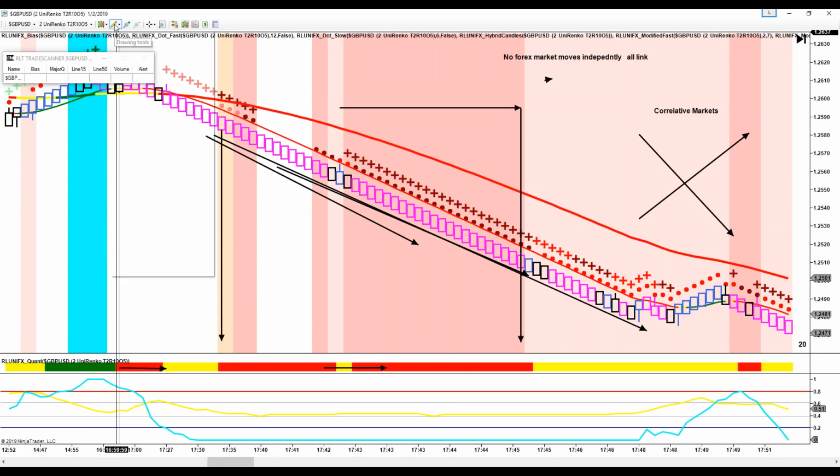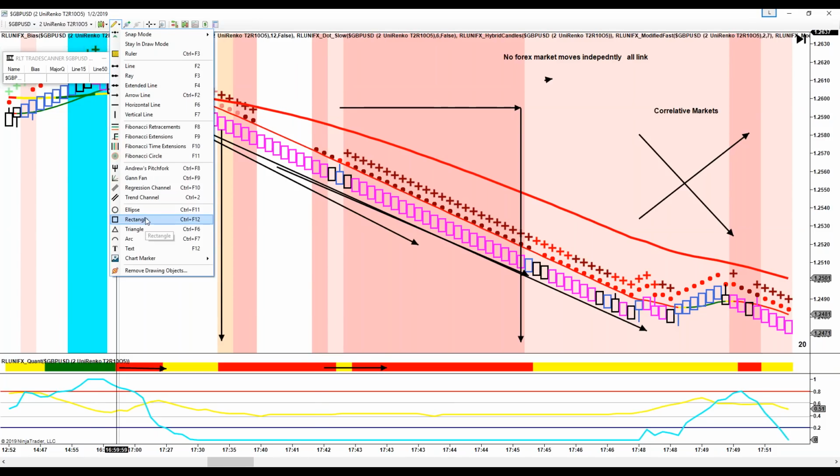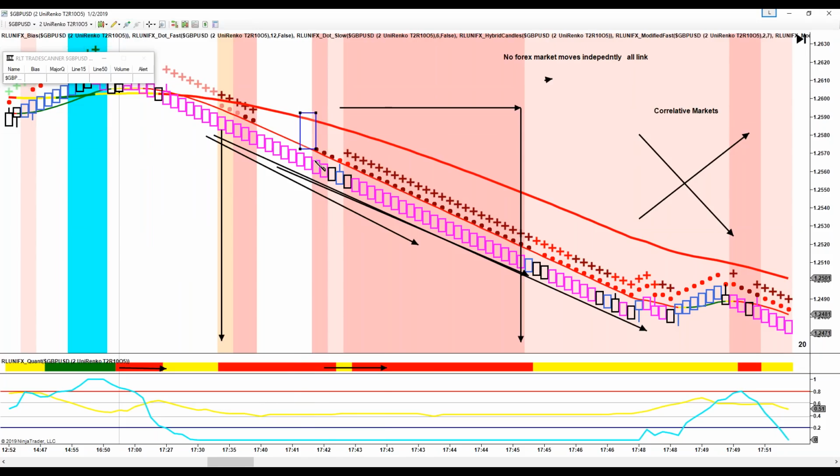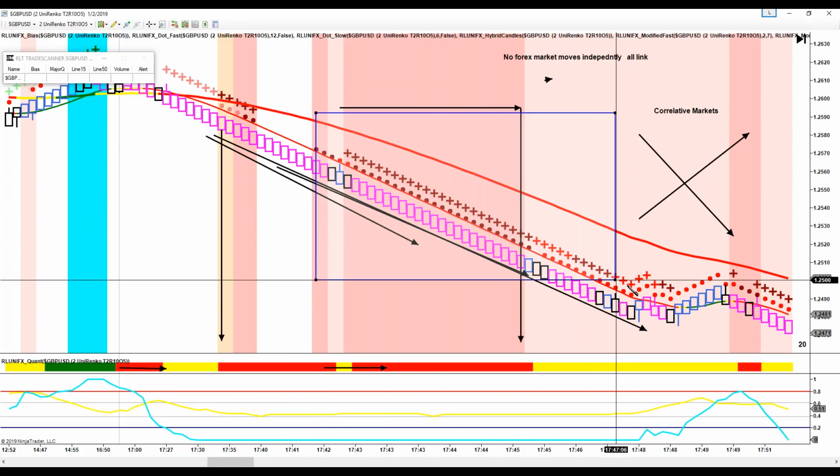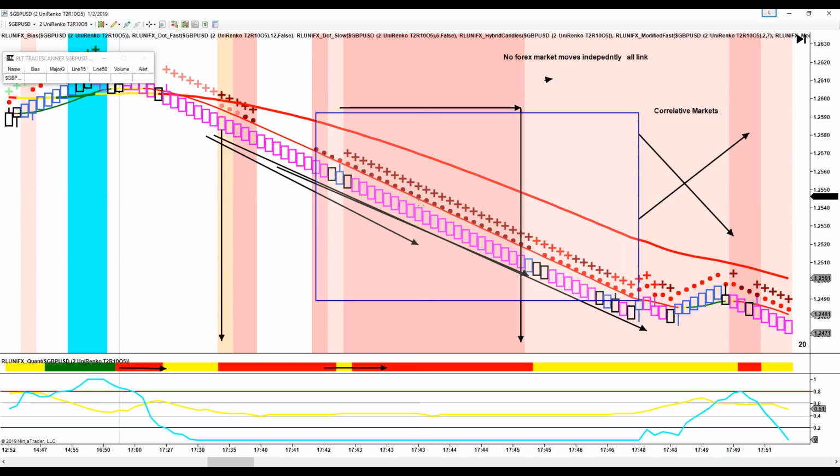Now, in order to make it even more precise, we created this dot system. Now, this dot system is looking at the same correlative markets that this indicator is doing. And I know this is going to get a little complex, but it's making a different assessment.